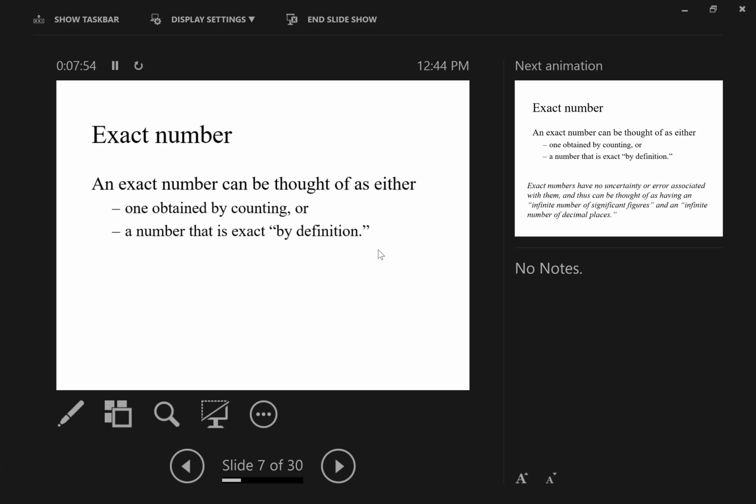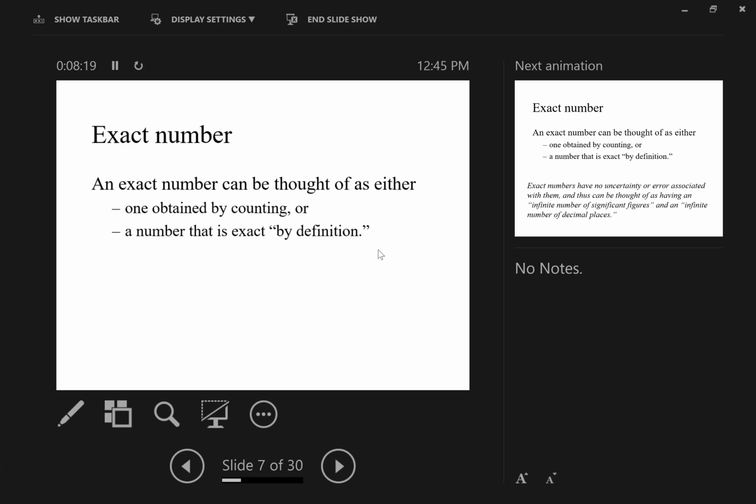The 2 types of exact numbers are listed right here. First type, if you count. Like if I count people in here, including me, I get 8. It's not like we have half a person here. We're counting people. We have 8 people. Is it a measured quantity? Yeah. Is there any uncertainty? No. The other one is by definition.